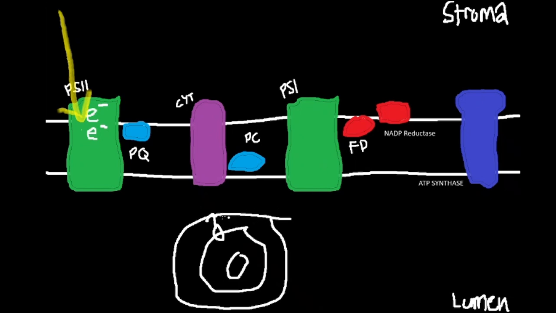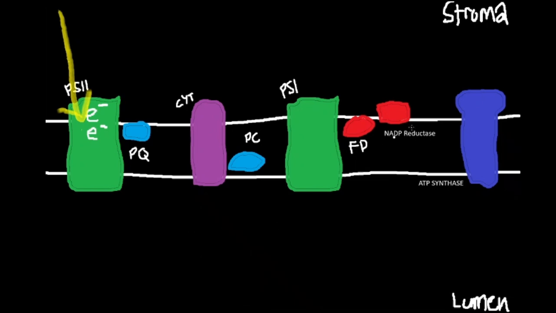So once it moves to this higher level, photosystem 2 is going to lose an electron and release it outside the chlorophyll, where it gets carried by this peripheral protein, the blue thing over here, which we call plastoquinone.